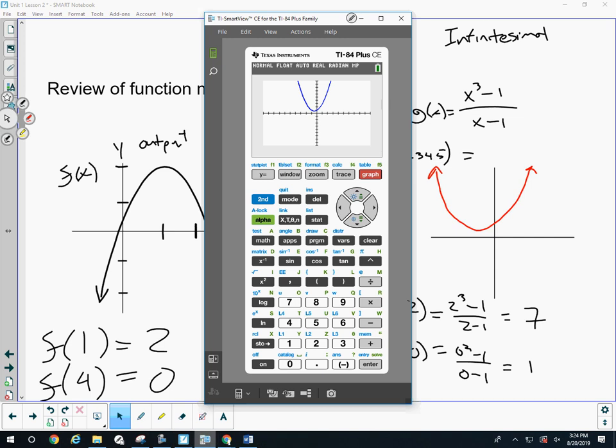Now we can see the computing power of our calculator in the table. It produces lots of points on whole numbers very quickly, but I like to use trace to show off the computing power of my calculator because I can press trace and you go left and right and it traces on the graph, and that's cool. But I can actually, after pressing trace, pick any number, like 2.